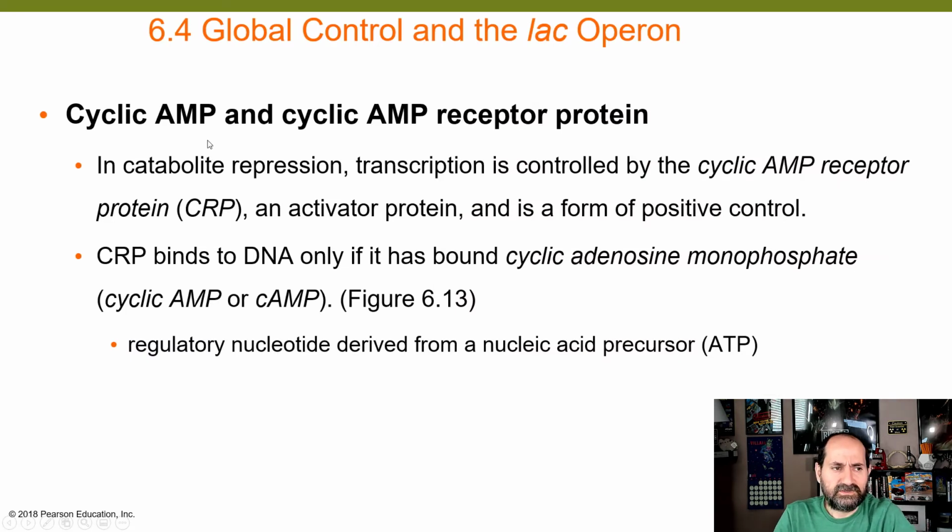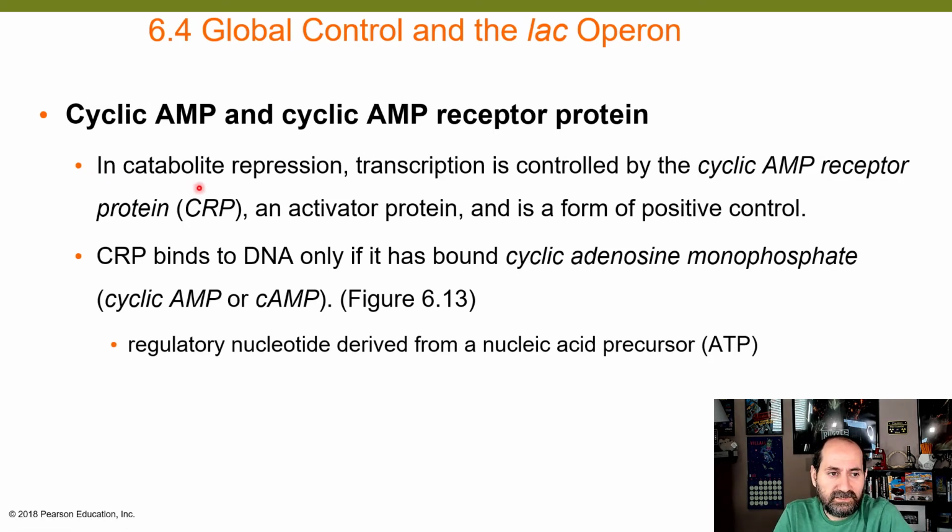Let's talk a little bit about cyclic AMP and the cyclic AMP receptor here, because it is involved in regulation of the lac operon. To fully understand how the lac operon works, you need to also understand cyclic AMP and the cyclic AMP receptor protein.